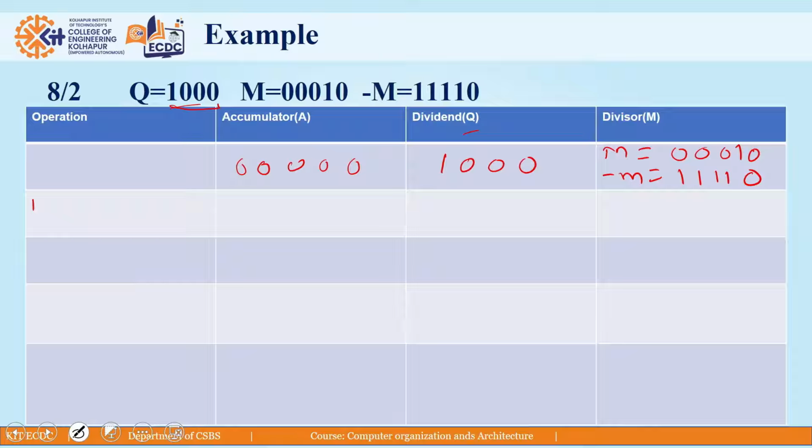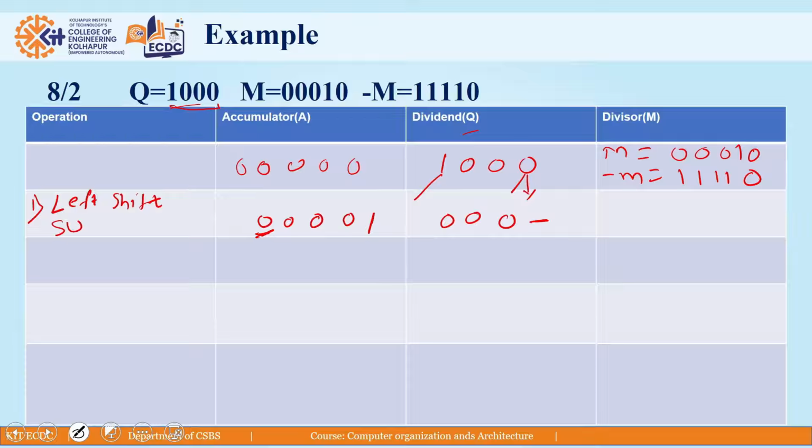In the first step, we do the left shift operation. In the left shift, we keep this bit blank, then shift this 0 to this side, 00, and this one is shifted to this side, 0000. Now we check the MSB of the accumulator. The MSB of the accumulator is 0, so we perform the sub M operation.